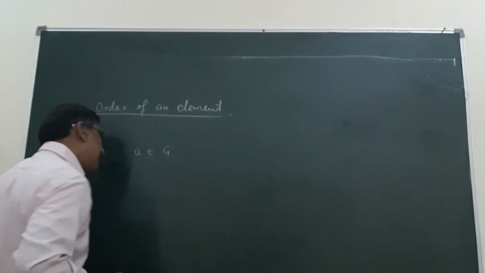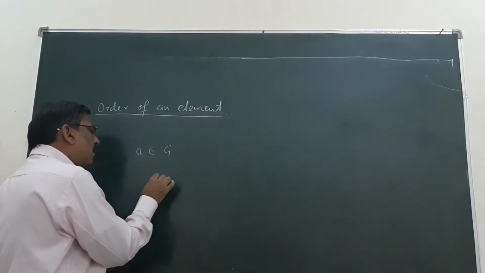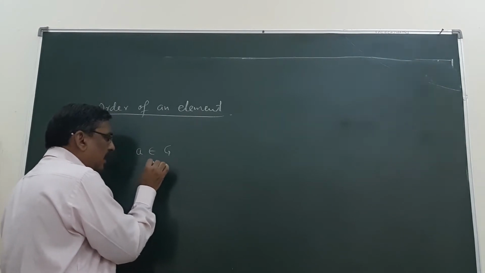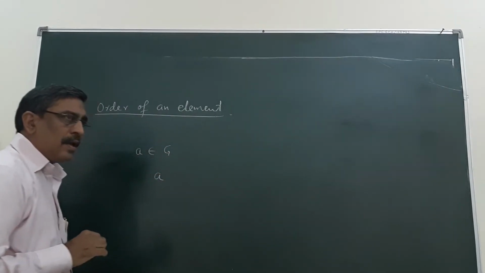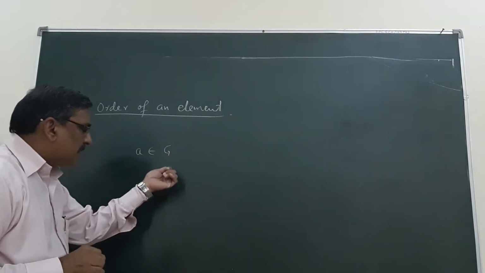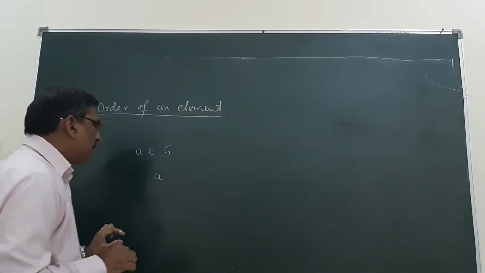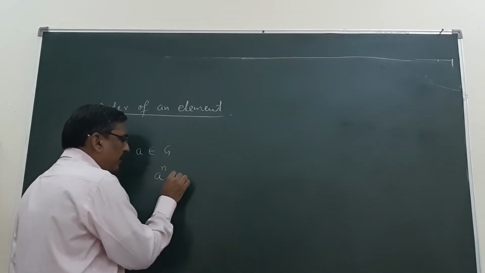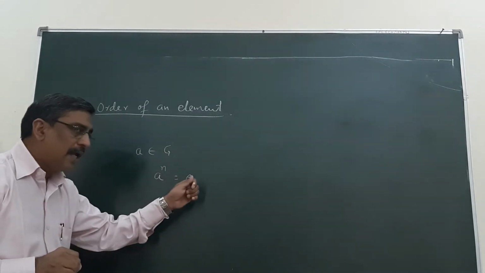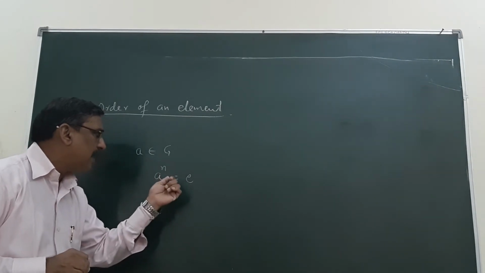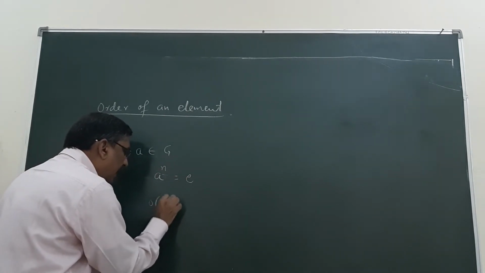Order of an element. a belongs to G. Then we can find the integral powers of a as a^1, a^2, a^3, a^r, etc. When we get the first power, second power, third power and so on, suppose in the nth power we get the identity for the first time, then this is known as the order of a is equal to n.